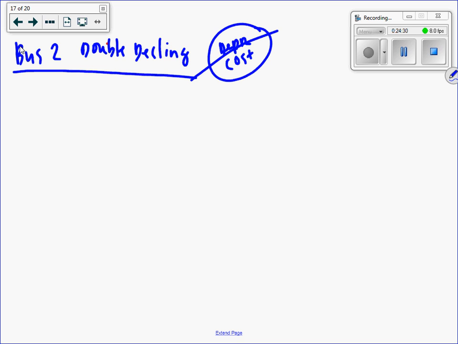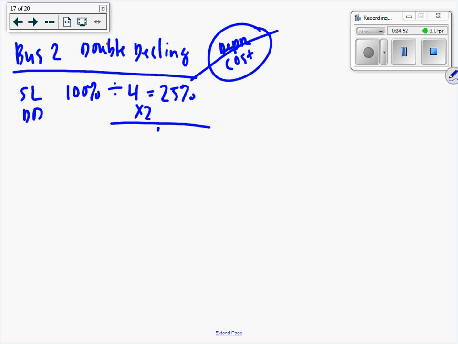We do need to figure out the single rate to get to our double rate. Our single rate would have been on this bus 100% divided by how many useful years this bus is going to be. Now notice we're going to a completely different bus. 4. So our single rate would have been 25%, but we're going to, of course, double that to be 50%.